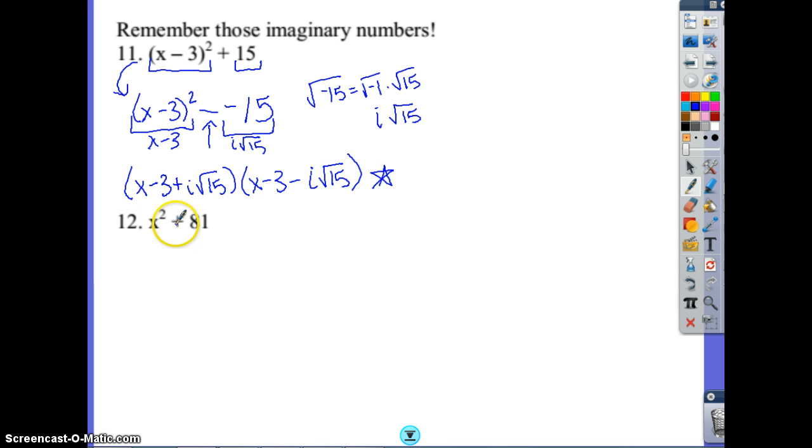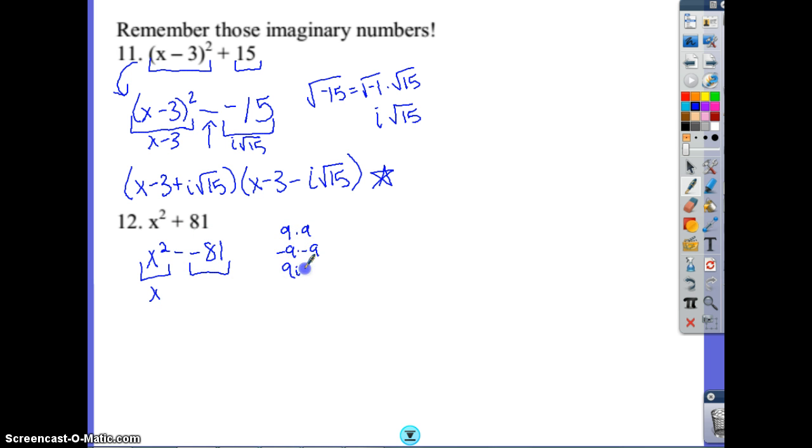The more basic ones here with the plus sign, again, you're still going to rewrite it with a minus sign. You're going to look at your two terms. You're going to say, what is the square root of x squared? So what times itself is equal to x squared? And that is x. What times itself is equal to negative 81? Now remember, it can't be 9 times 9. It can't be negative 9 times negative 9, because none of those make a negative 81. So that's where the imaginary comes into place.